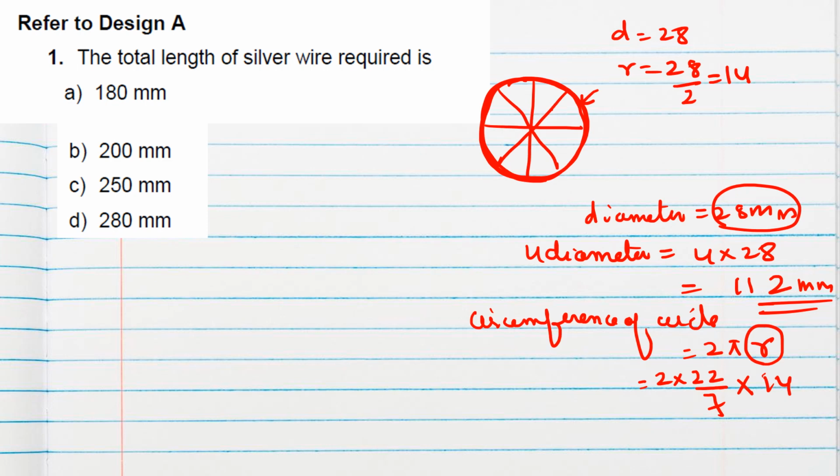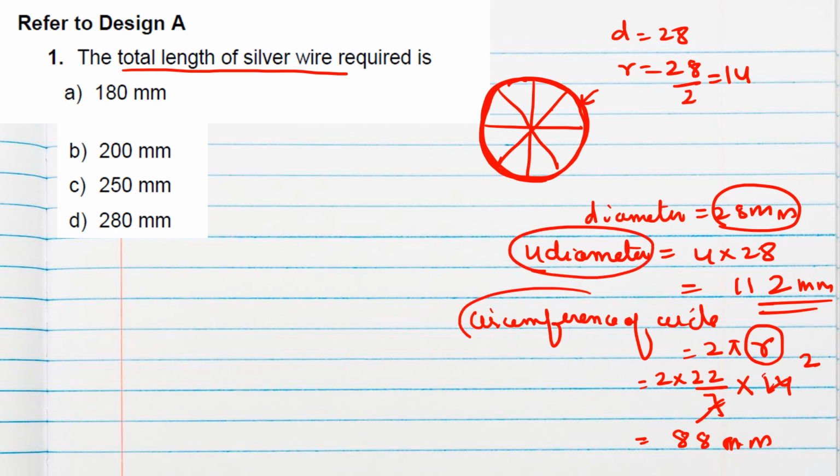If we cancel this, 88 millimeter will be the answer. But total length of the silver wire means 4 diameters plus circumference, 112 plus 88. So that will give 200 millimeter. So B option is correct option.